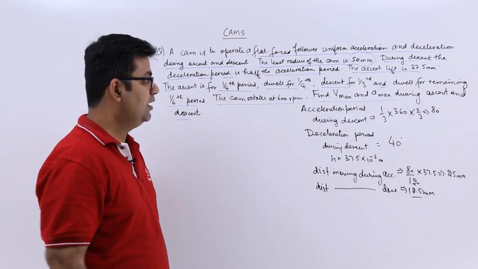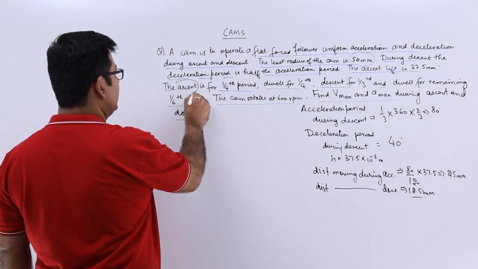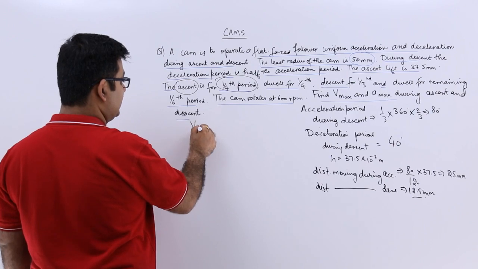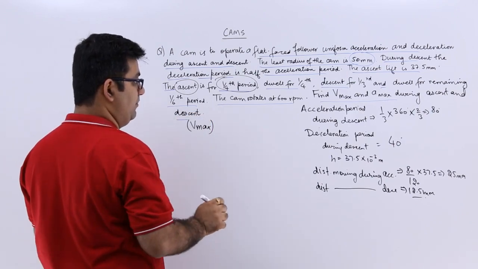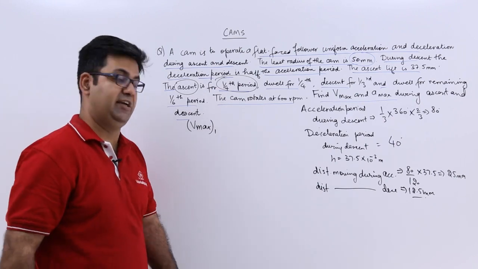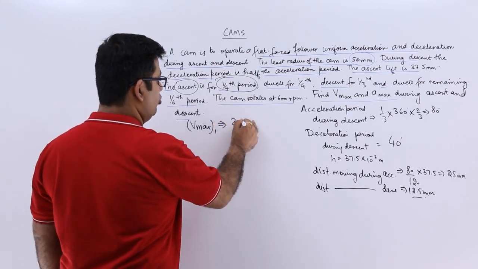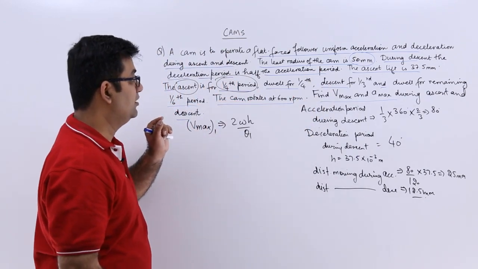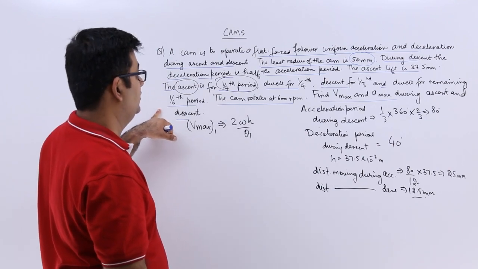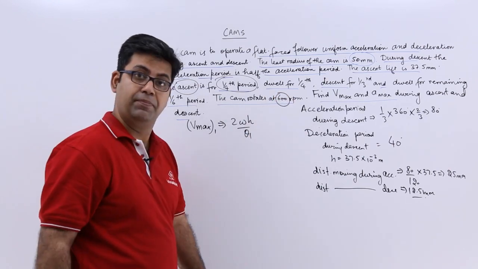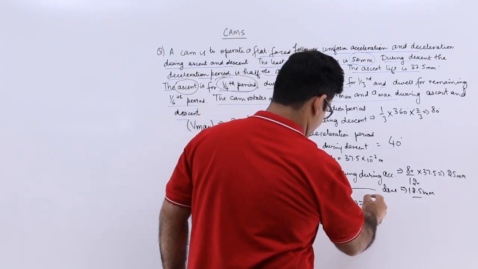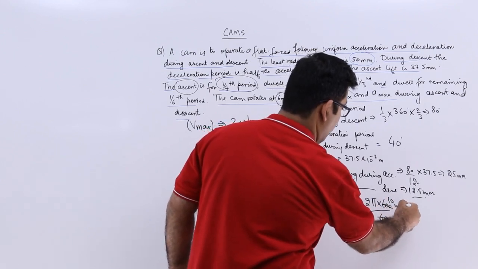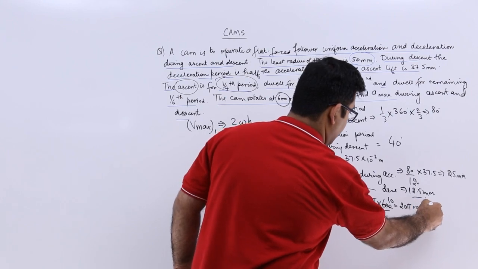Now theta 1 is ascent, 1/4, which means pi/2. So Vmax during the ascent would be 2 omega h upon theta 1. Now what is omega? The cam is rotating at 600 rpm, so omega is 2 pi into 600 by 60, which gives you 20 pi radians per second.